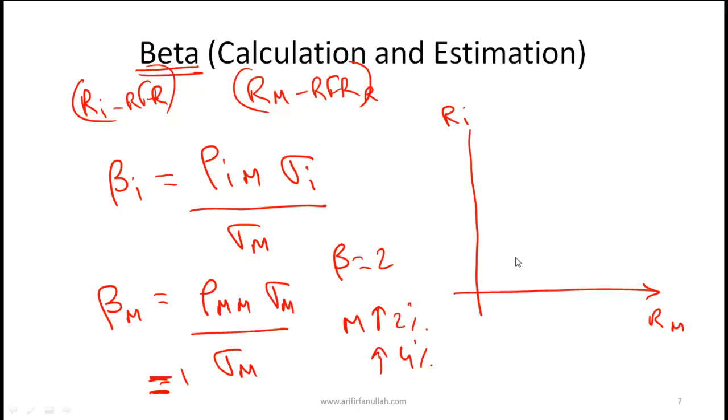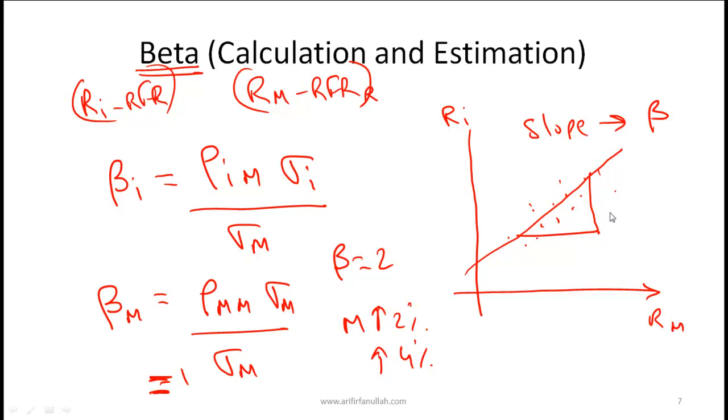And if we look at several periods and plot data that looks something like this, we then try to find a line that best fits this data, and the slope of this line shows us the sensitivity of the returns of stock I to different market returns, and this slope is the beta.